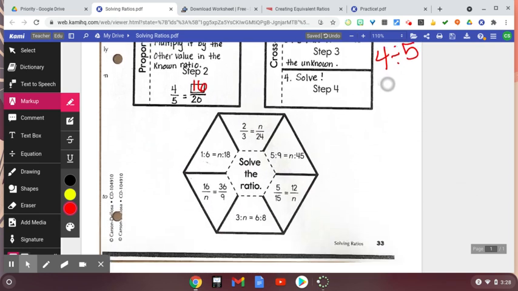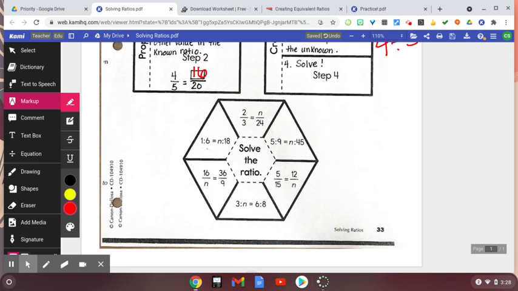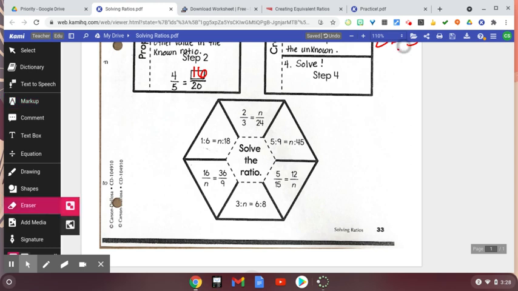Okay, so I'm going to move down over here, and these are some of the steps that we had done. Let me erase some of these up here. First of all, our first top problem, 2/3 equals n to 24. This is pretty easy. We can find the relationship, which is times 8. So 2 times 8 is 16, so we know what n is.